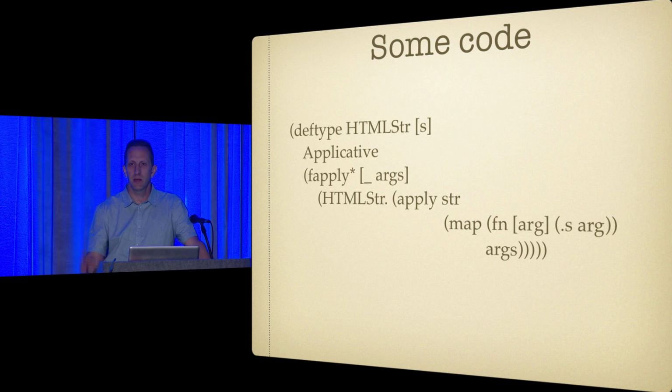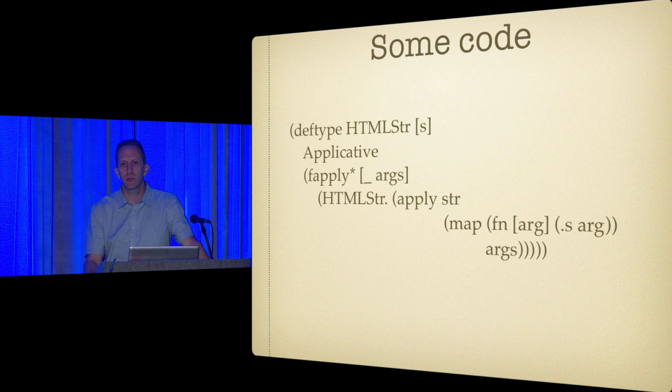I'm just taking the arguments that are all strings as well, wrapped inside HTML string, unwrapping them and concatenating the strings together, and that becomes the result of that call to fapply star. So it just concatenates the strings and then wraps the resulting string back into the HTML string record type.